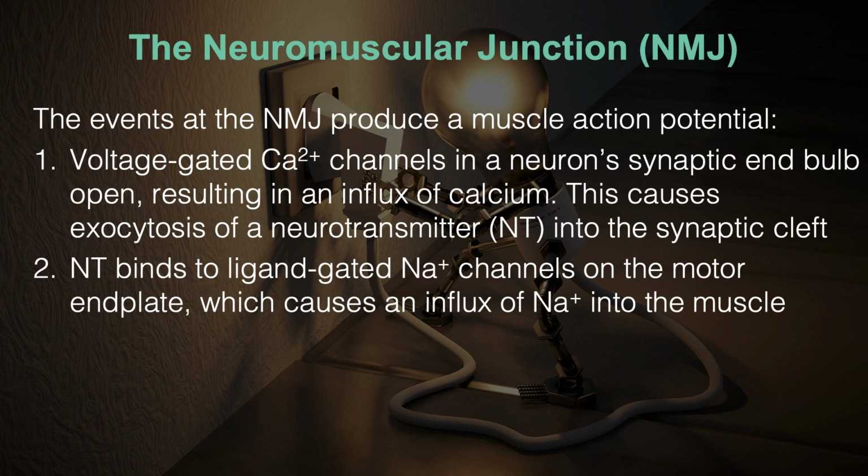Until now, that thing that comes next has been another neuron, but now it's the muscle that comes next. The neurotransmitter is released into the synaptic cleft. It binds to a ligand-gated sodium channel on the muscle, on the sarcolemma or the plasma membrane of the muscle, which allows sodium to rush into the muscle.